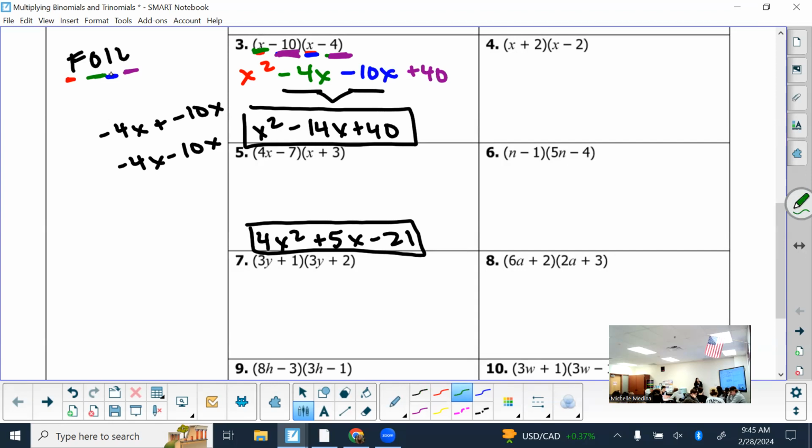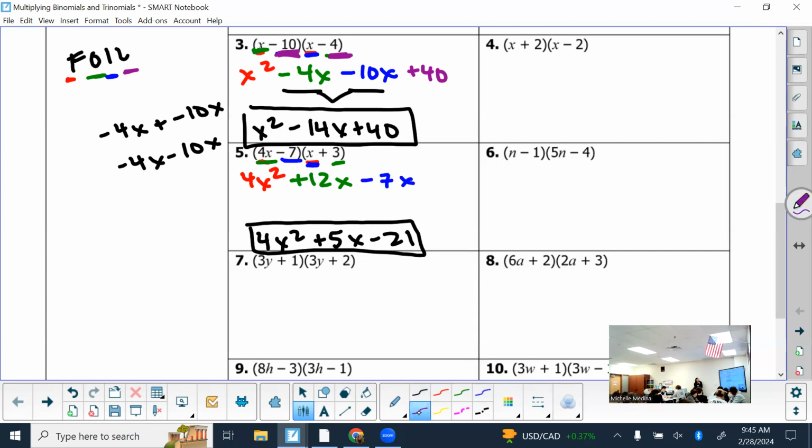Now the next part. I'll show you FOIL again just because I have it here. But first term would be these two. 4x times x is 4x squared. Outer would be these two. 4x times 3 is a positive 12x. Inner terms, negative 7 times x, negative 7x.